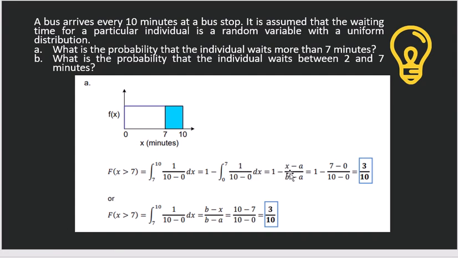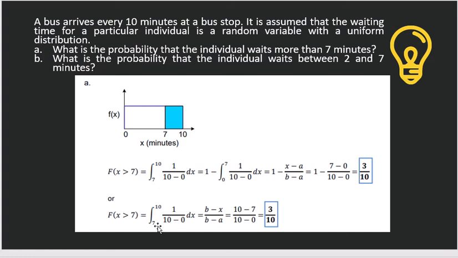Then minus the x minus a, where your x will be 7 and a will be 0, from the initial point. So therefore b will be 10 and a is 0, so therefore you're going to have your 3 over 10.